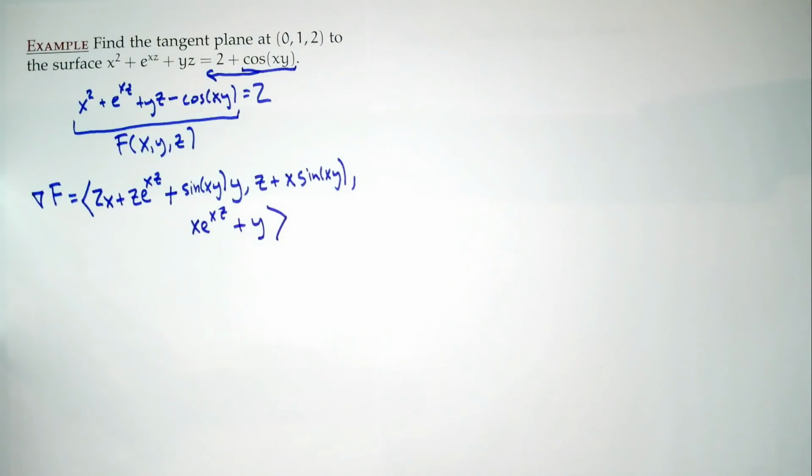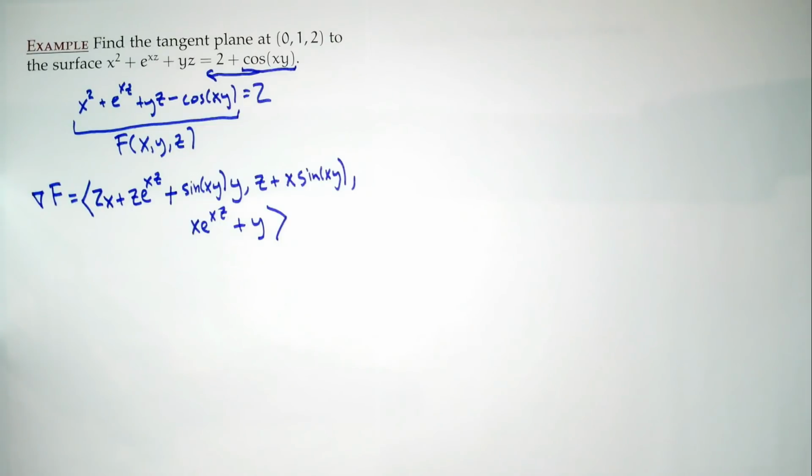Now, pause for a moment. Is the gradient my normal vector? Not yet. You have to remember there's a subtlety. Like the derivative, we say the derivative is a slope, but it's not quite that. The derivative is a function. How do you get a slope from a derivative? You evaluate it.